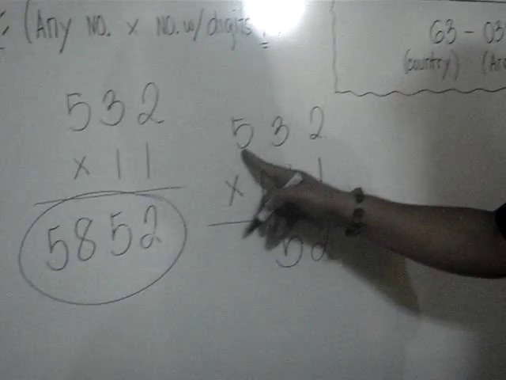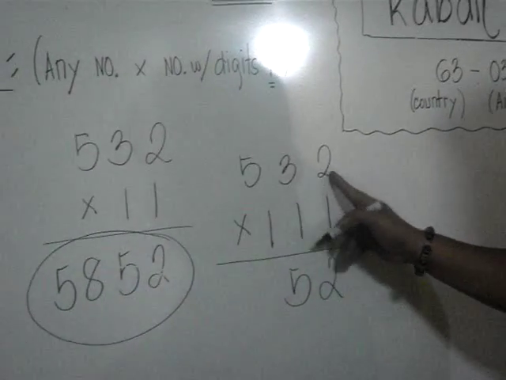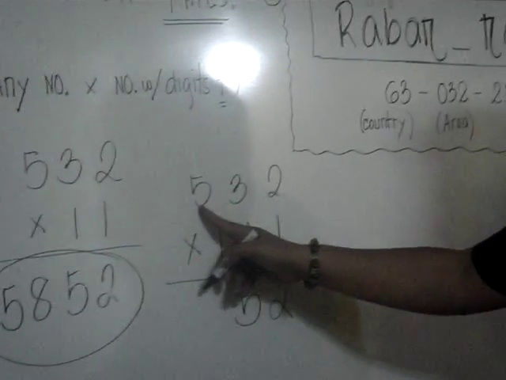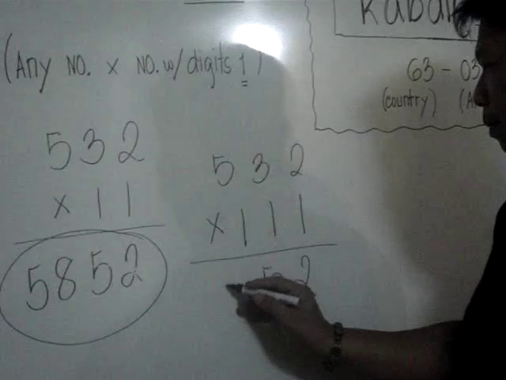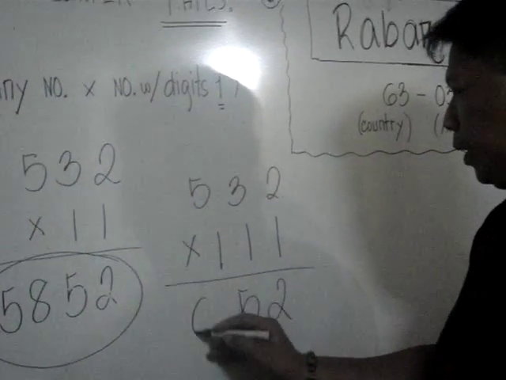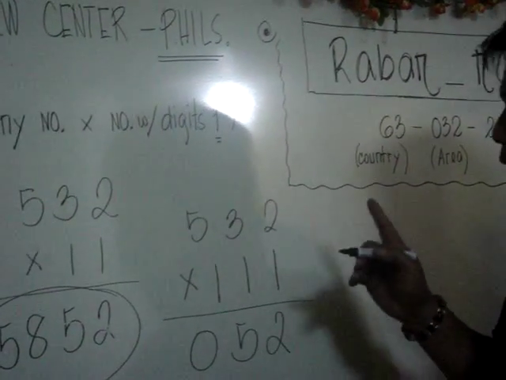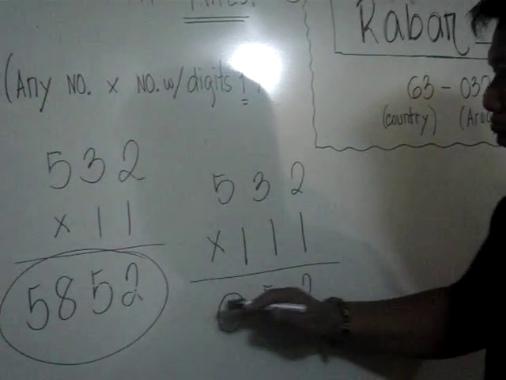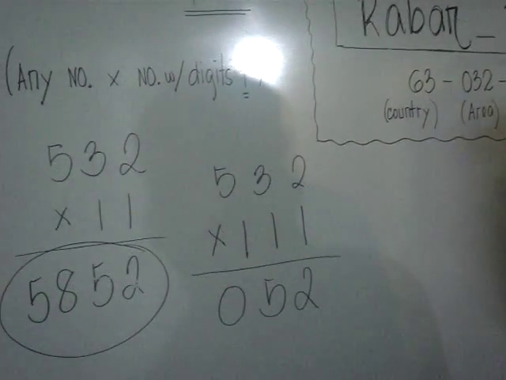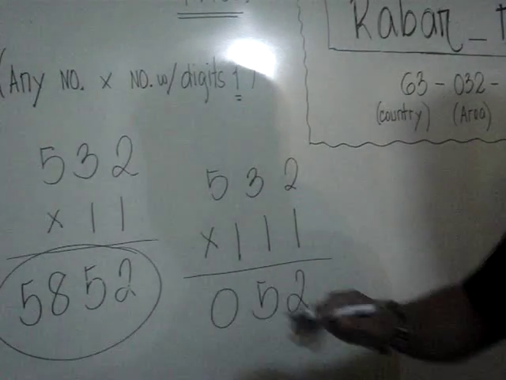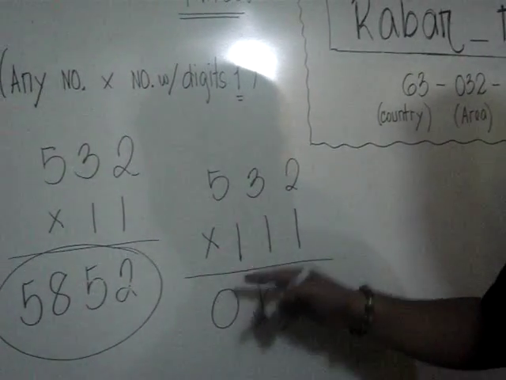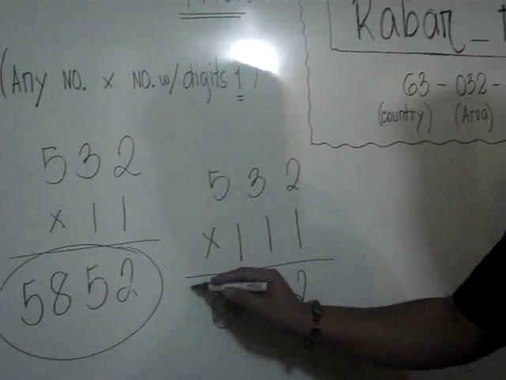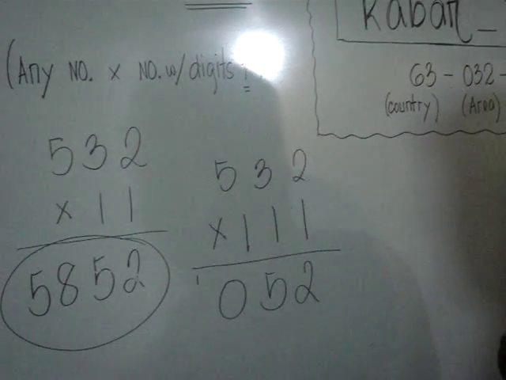From 1, 2, then 3 digits. This is 10, but you cannot write 10 here, just write 0 because you need another digit here, the additional digit in our answer. Remember that is 10, so you have to carry 1.